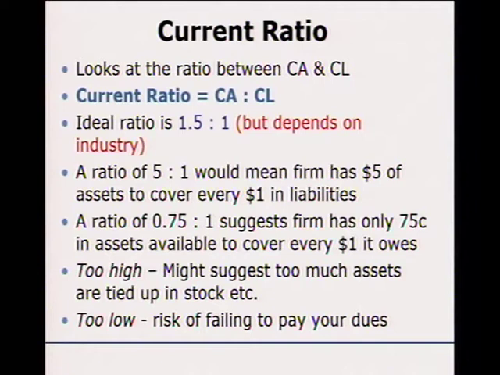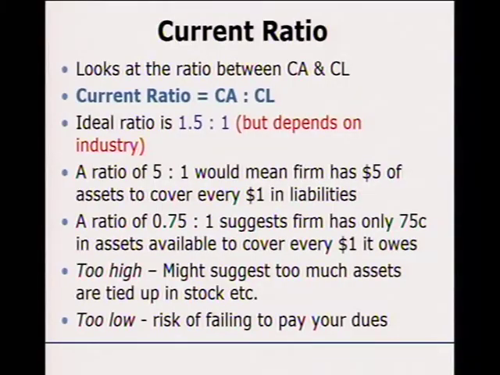It will depend on the industry. Some industries require that we have got a lot of cash and cash equivalents at our disposal, so that we can quickly liquidate those current assets into cash and meet our financial obligations. So it's dependent on the industry. But ideally, a 1.5 to 1 ratio is good.